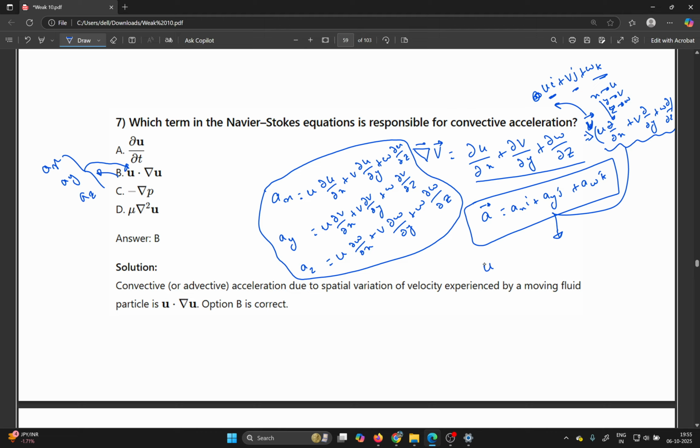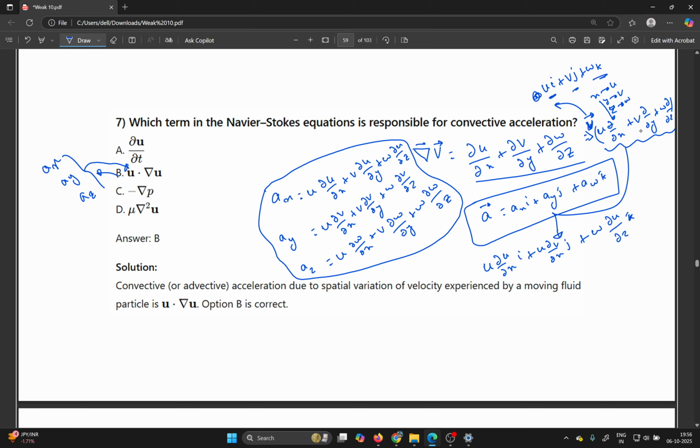So let us write u del u by del x, you are getting here u, i, plus, then this term I am going to multiply with this, u del by del x, v j, plus, then this term I am going to multiply with this, w del u by del z k.